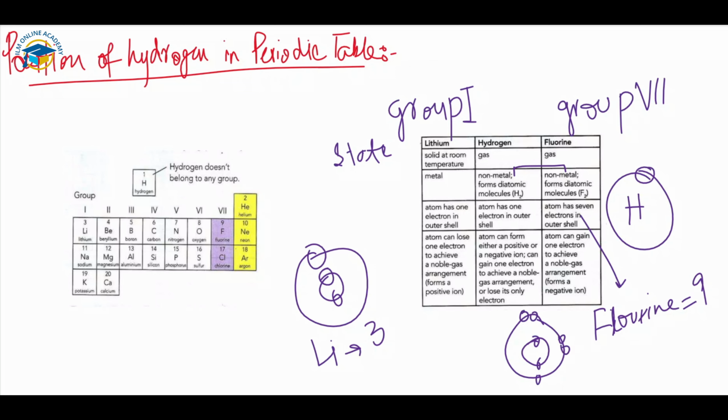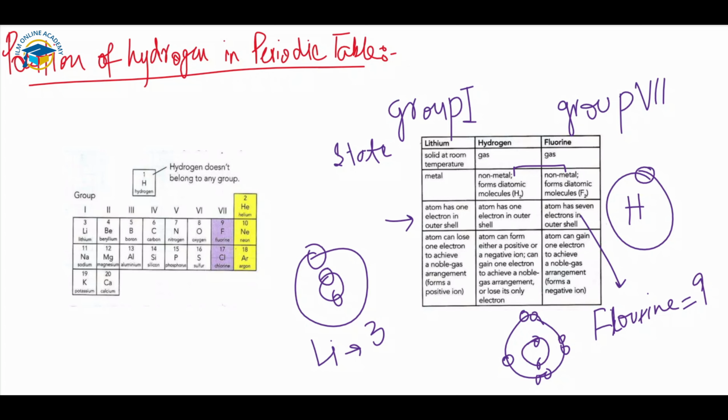So 7 electrons are present in the outermost shell. Fluorine just needs 1 more electron. So in the third comparison, lithium and hydrogen are similar in the electrons present in the outermost shell.